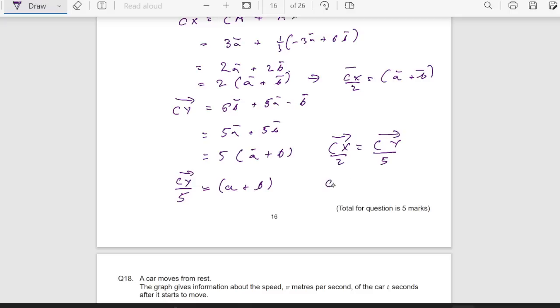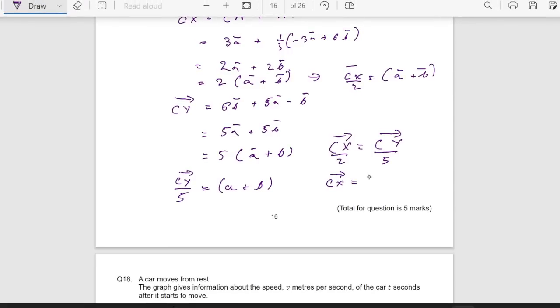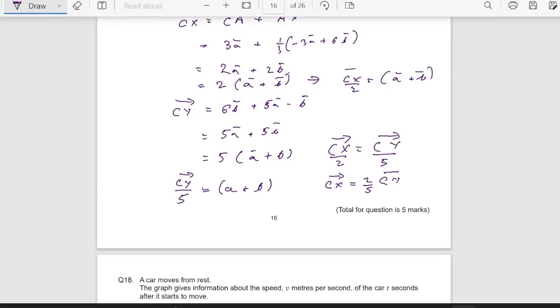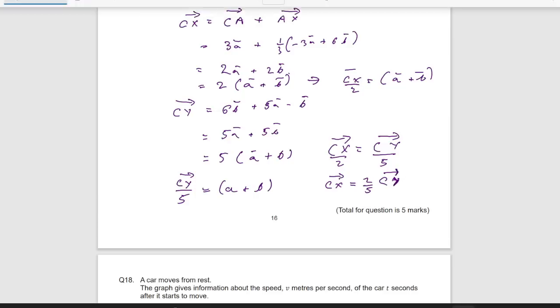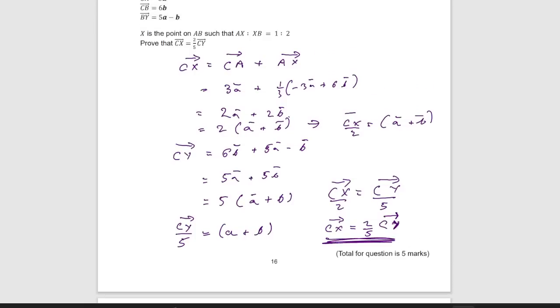So CX is going to be equal to 2/5 of CY. And I hope that's what we were asked to show. Yeah, that's what we were asked to show. So there we go, that's worked through nicely.